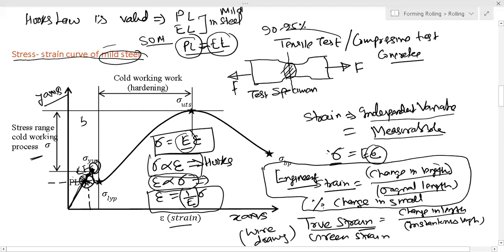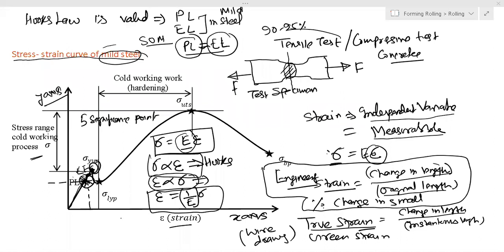So basically there are 5 significance points. I am discussing these 5 significance points in a stress strain curve. When you pull a specimen, you will find that there is a particular stress and strain value at which, before the point and after the point, the material behavior is different.